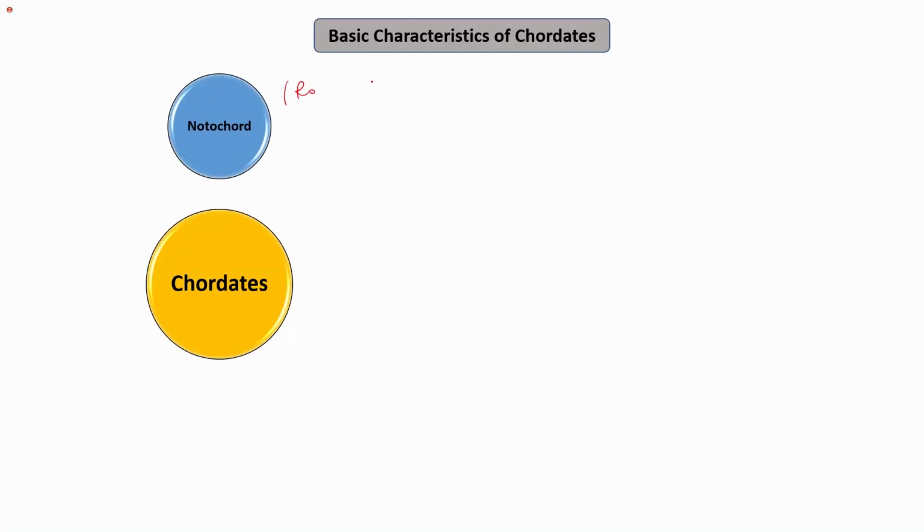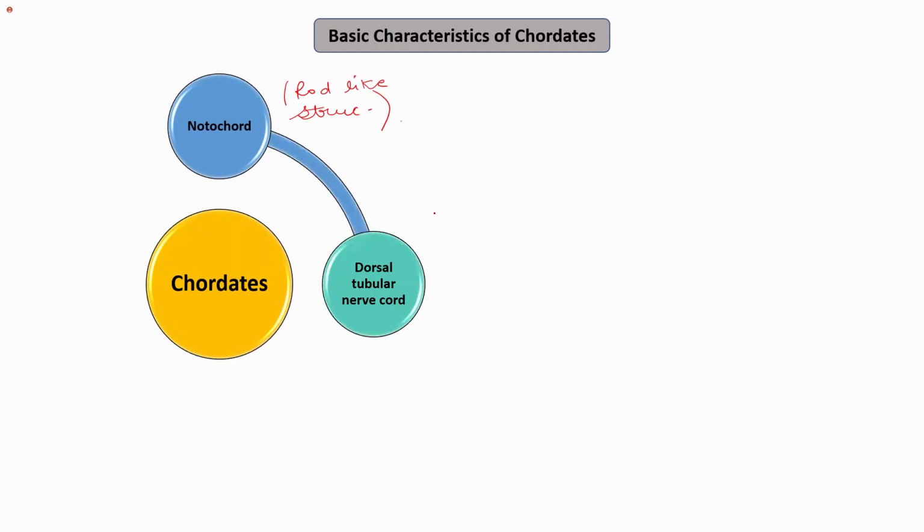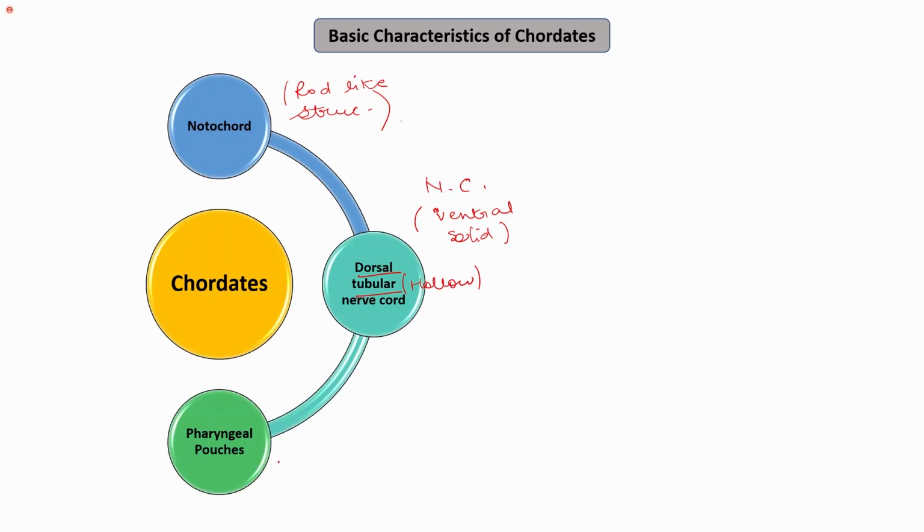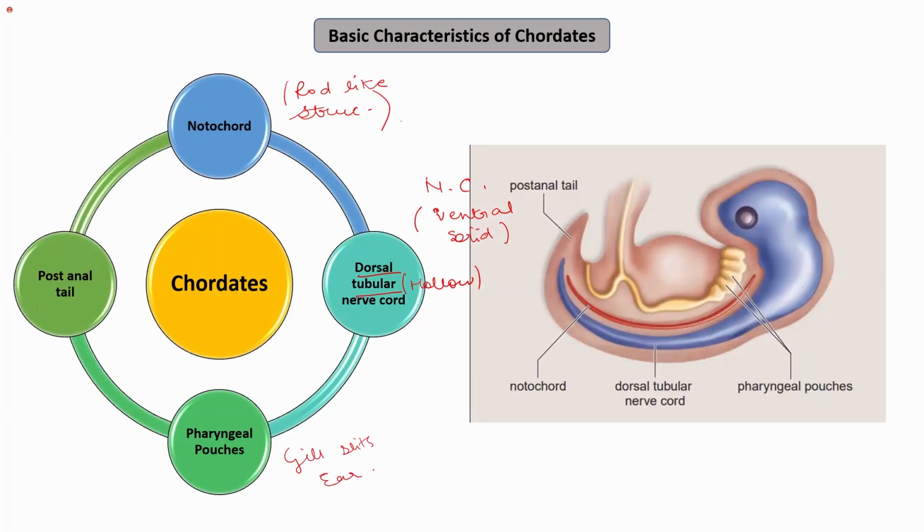The second is a dorsal tubular nerve cord, which is unlike non-chordates, in which it is ventral and solid. But in chordates, it is dorsal and tubular, which is hollow. The next is the pharyngeal pouches, which are sometimes modified into gill slits, present in at least one of the life stages in the chordate life cycle.